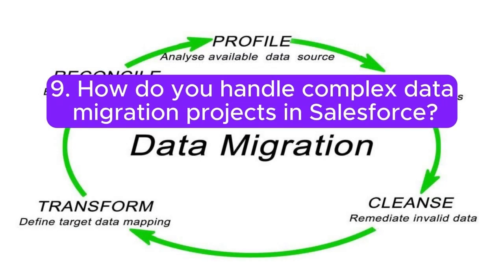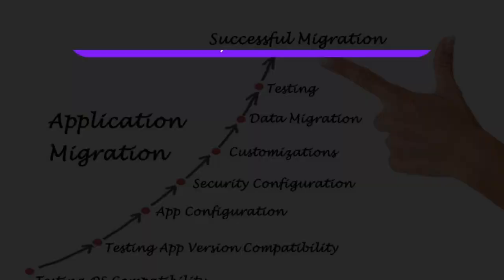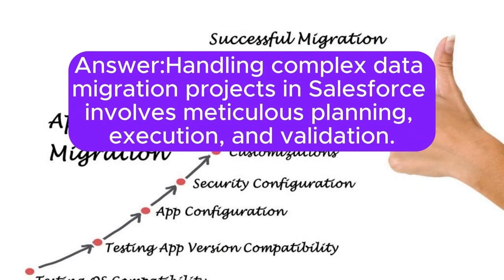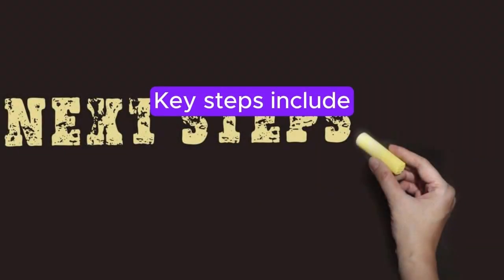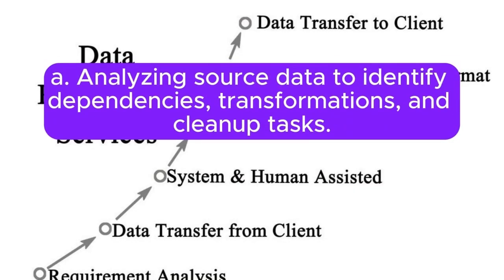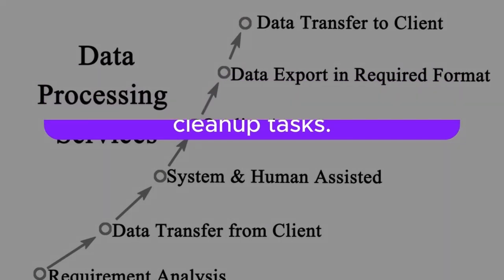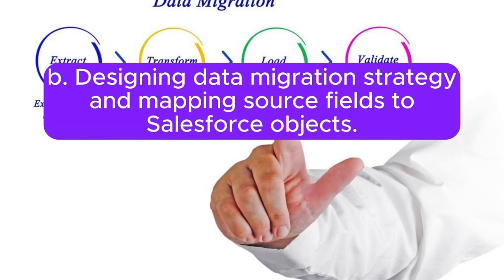9. How do you handle complex data migration projects in Salesforce? Answer: Handling complex data migration projects in Salesforce involves meticulous planning, execution, and validation. Key steps include: A. Analyzing source data to identify dependencies, transformations, and cleanup tasks. B. Designing data migration strategy and mapping source fields to Salesforce objects.